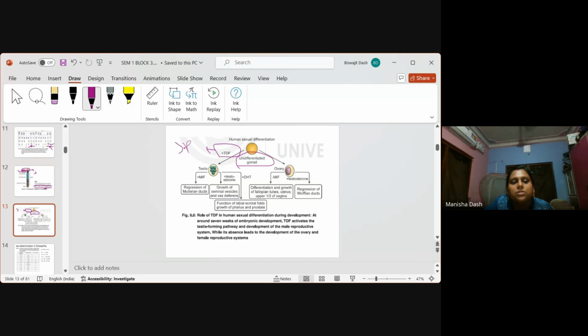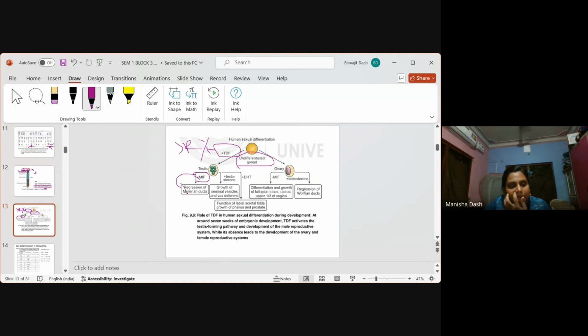So if the Y chromosome is present, the testis determining factor will be released. If the testis determining factor is released, it will help in the development of the testis. Now this will again promote the presence of MIF. MIF is the Mullerian inhibitory factor. The presence of MIF will help in regression of the Mullerian duct.